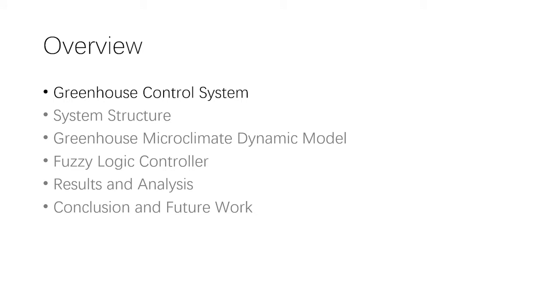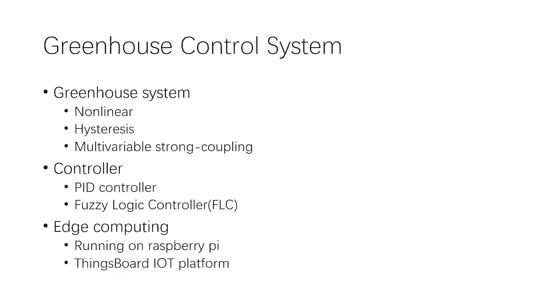Let me begin by giving you some information about the greenhouse control system. As we all know, temperature and humidity are important factors for crops. So if we can control temperature and humidity reasonably, the crop yields will be increased and the energy will be saved.